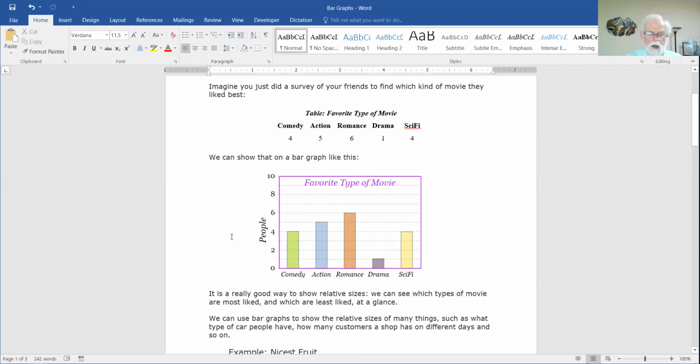So what we've done then is set up a graph. We have, see, the origin here is the 0 point, the y-axis, and the x-axis. We have chosen in this case to put the type of movie on the x-axis, and the number of people that responded for each one on the y-axis.